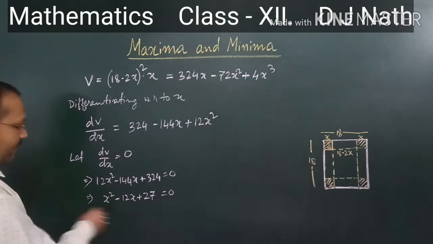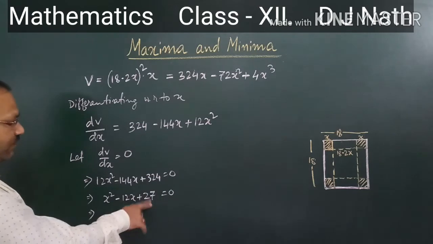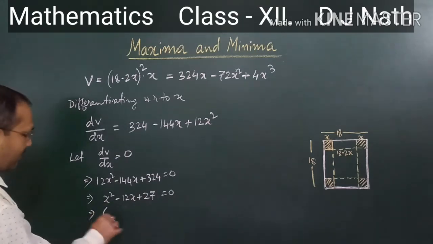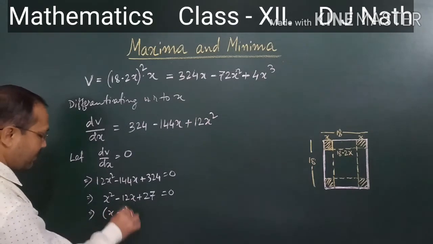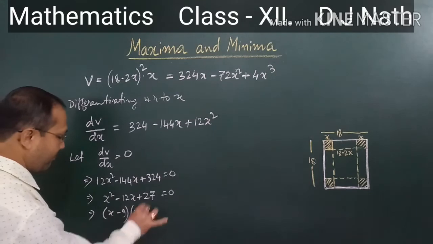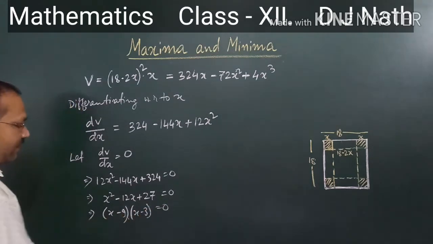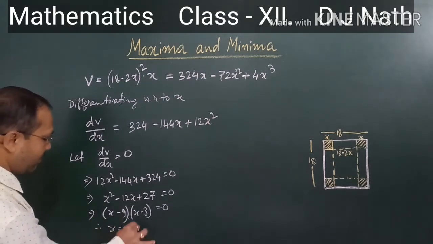So what will be the value of x? Here it is 27, here it is minus 12, so 9 and 3, so it can be (x minus 9) into (x minus 3) equal to 0. Therefore x is equal to 9 or 3.